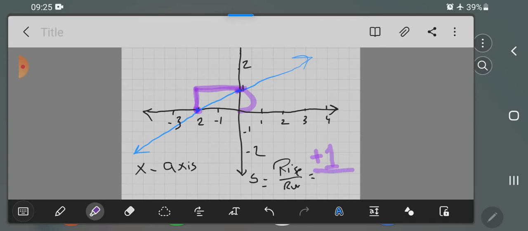How many units did you run to the right? We ran already 1 and 2. We ran 2 units. Positive or negative? That's positive, right? Why? Because we ran to the right side. So our slope is one half. One more example, okay?